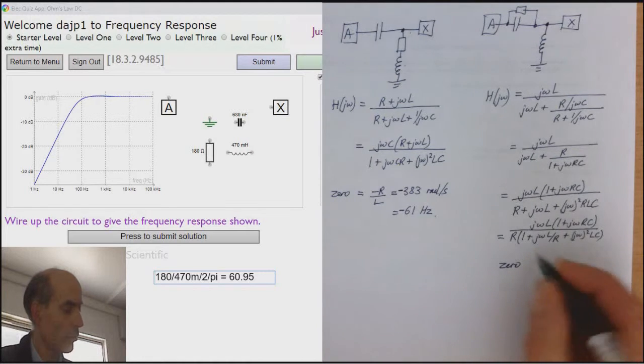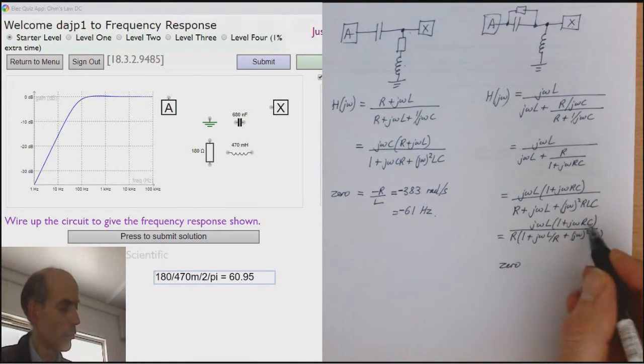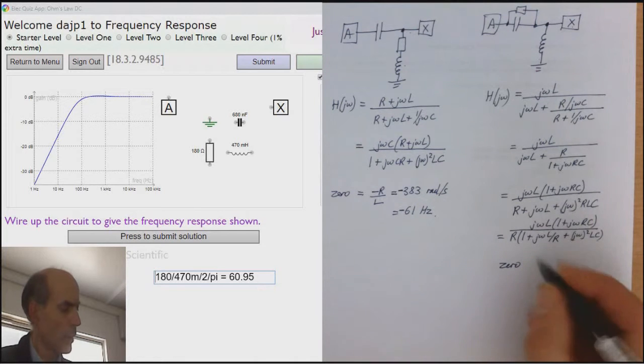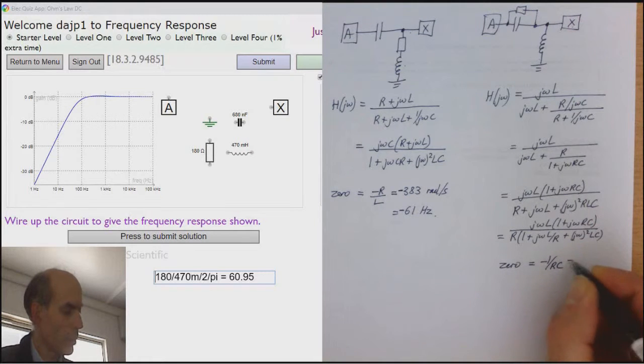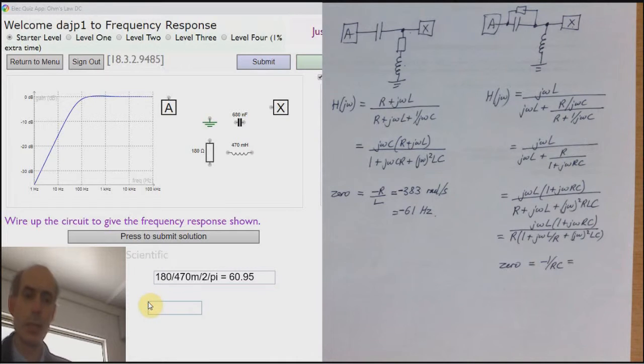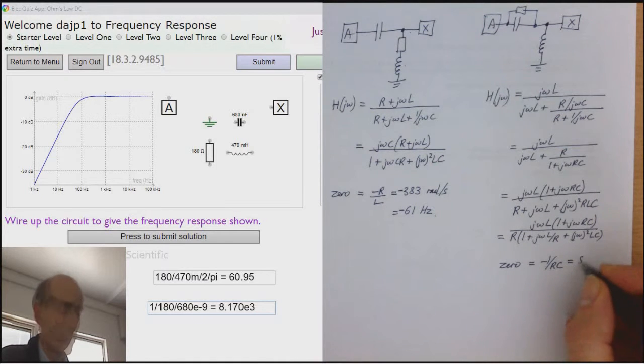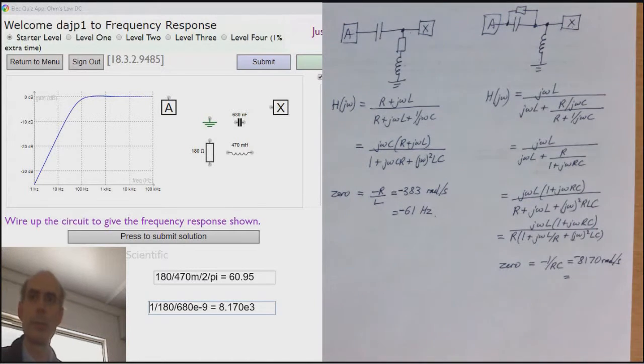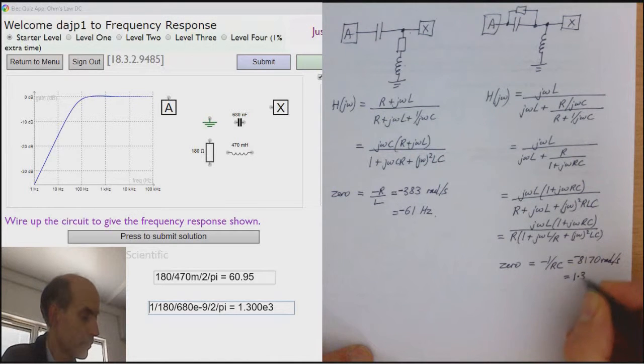This would be the value of j omega when 1 plus j omega RC is 0, which would be when j omega is minus 1 over RC, which with the values that we have here would be 1 divided by 180 times 680 nanofarads, which is 8,170 radians per second, or in hertz, just divide that by 2 pi, 1.3 kilohertz.